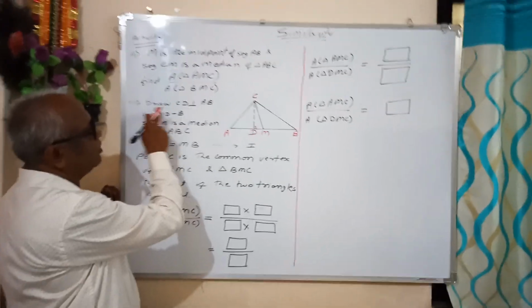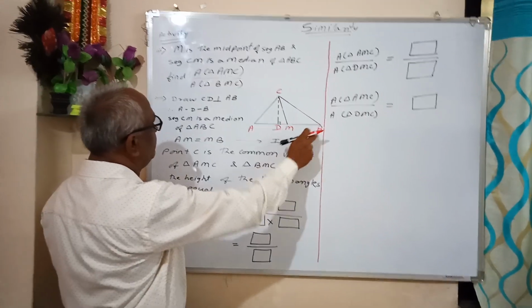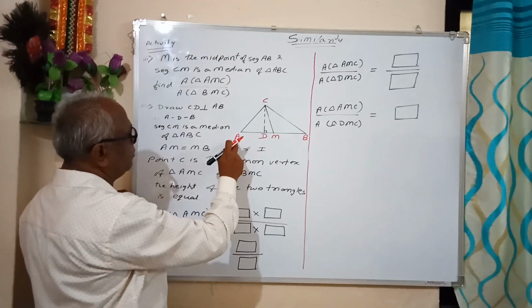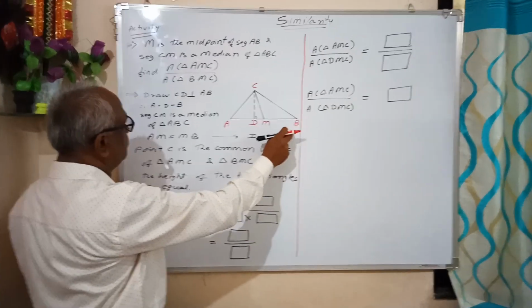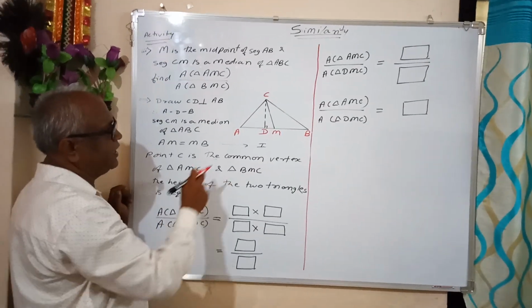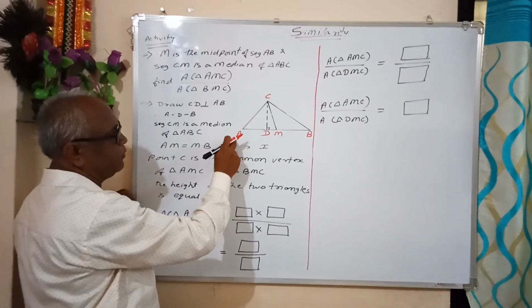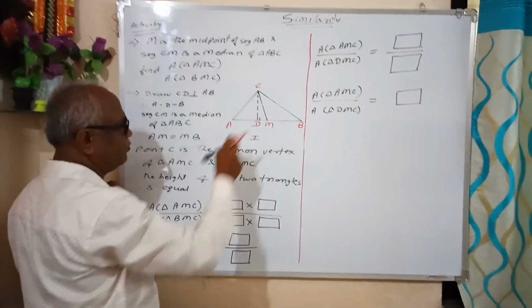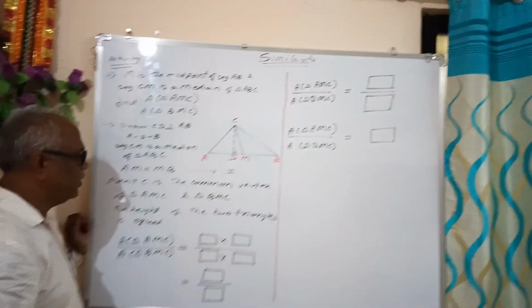For that, draw CD perpendicular to AB. Therefore we get A-D-B. Segment CM is a median of the triangle ABC, therefore AM is equal to BM. That is equation number 1.